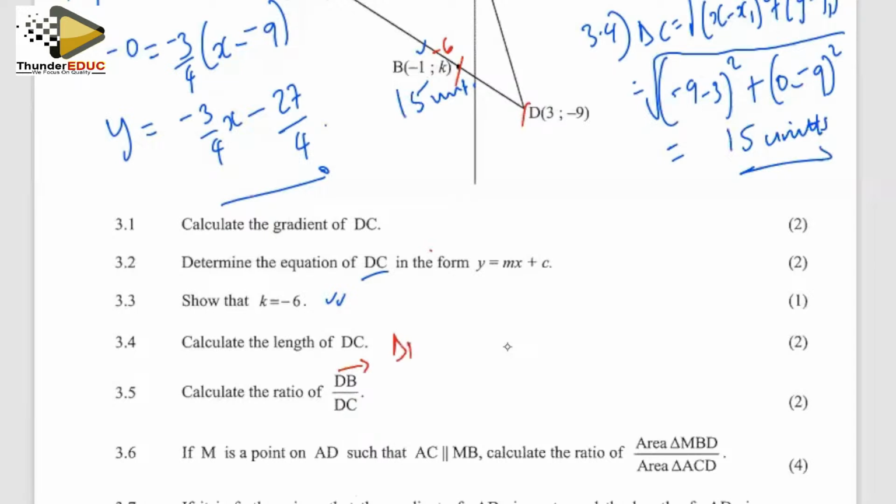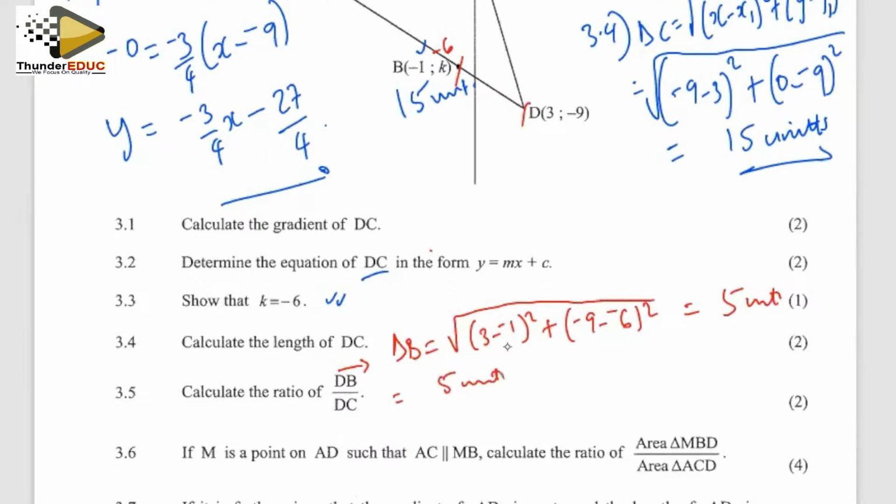So dB is going to be the square root, okay, from the distance formula, we shall have 3 minus -1 squared plus -9 minus -6 squared. So when I punch that into the calculator, that's gonna give me a 5, okay? And then for me to represent the units, gonna be 5 units over 15 units, which is just 1/3. So that becomes the ratio.